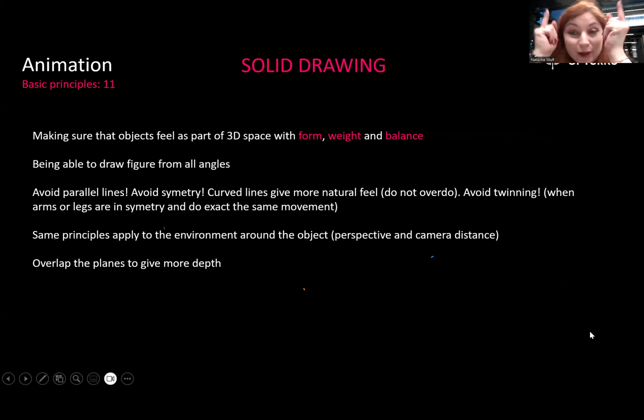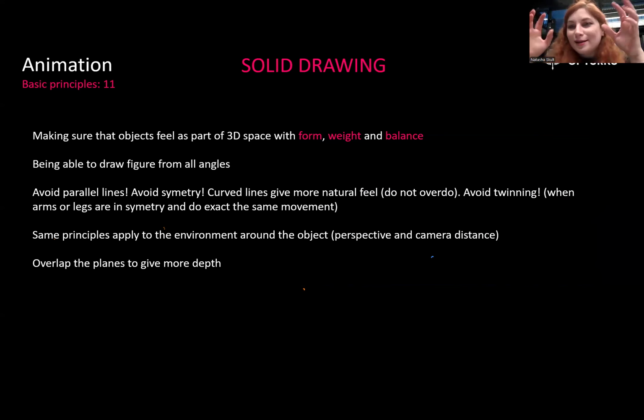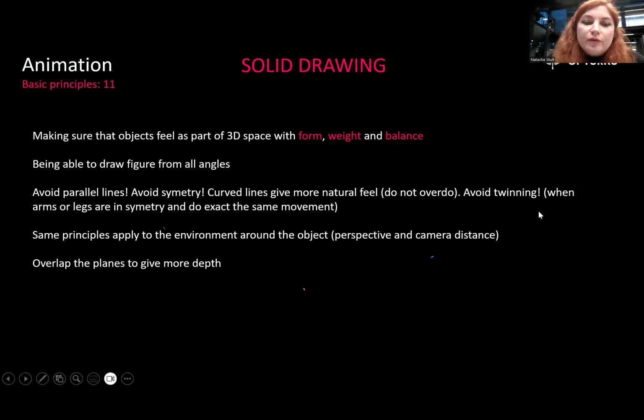Solid drawing. I already mentioned the Disney mouse three-circle thing when we talked about shapes, that it's always recognizable from wherever. This is how we usually do animation: when we are preparing each frame, we are figuring out how that character or object is recognizable from different angles.